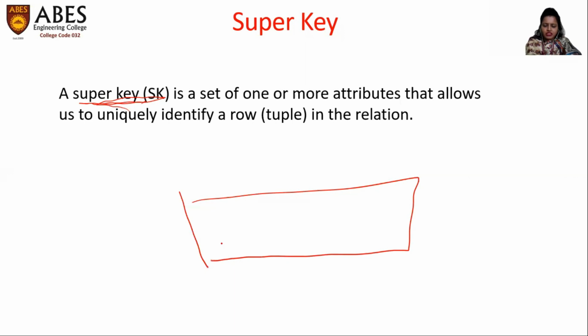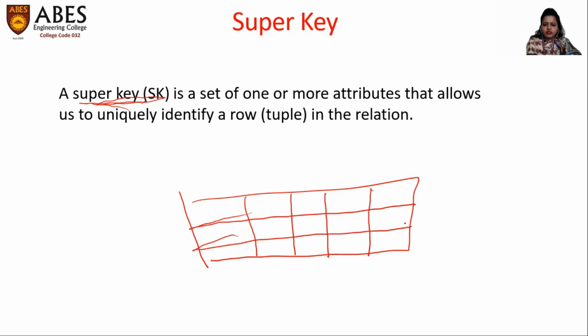Suppose you have a table, and in this table there are different columns and different rows. This is the first column, this is the second column, this is the third column, this is the fourth column, and this is the fifth column.